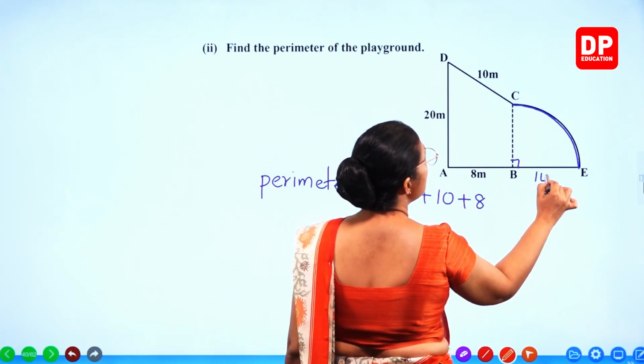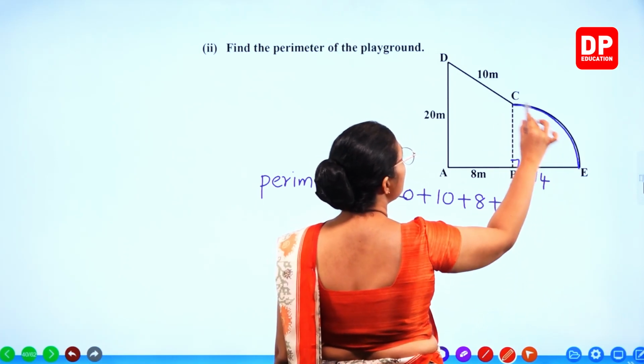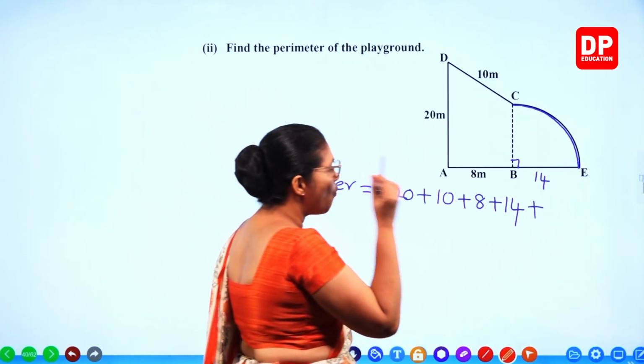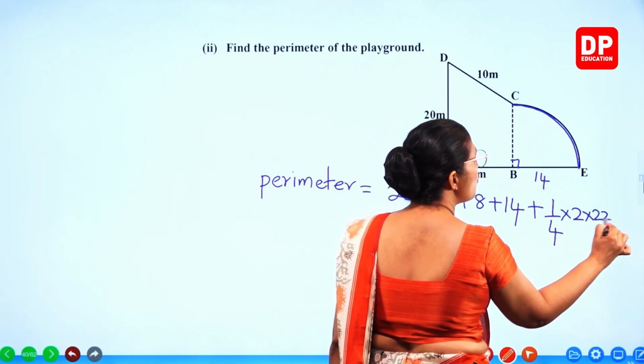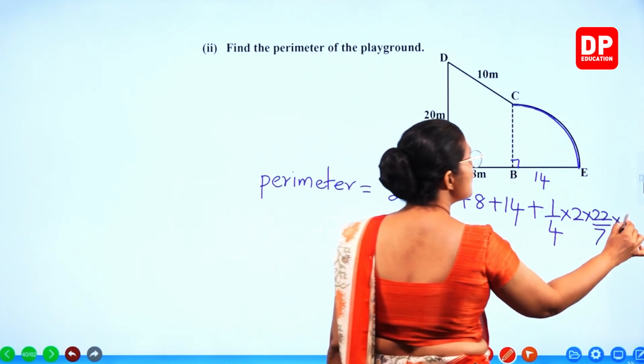And this is 14. That's a radius. And the arc length. How you find the arc length? This is a quarter of a circle. 1/4 of 2 pi r. 2 times 22 over 7 we can take as pi, and radius is 14.